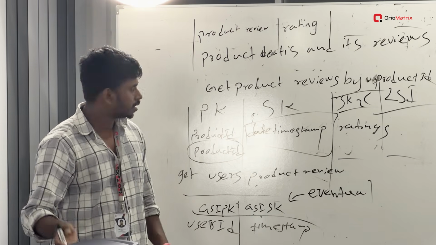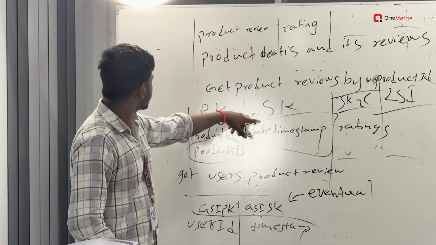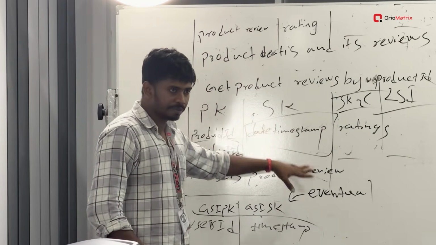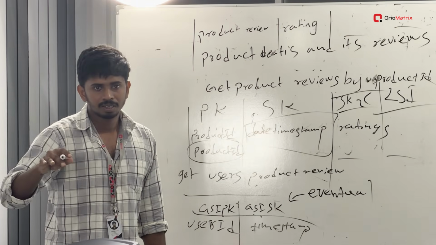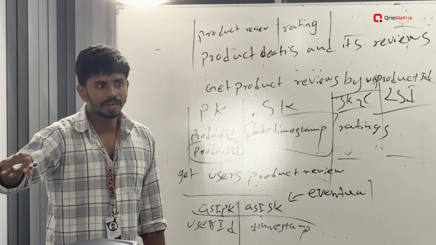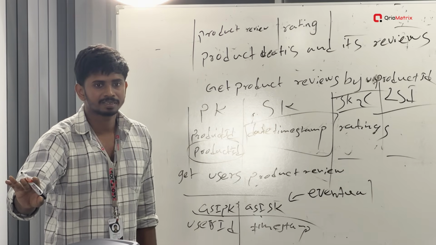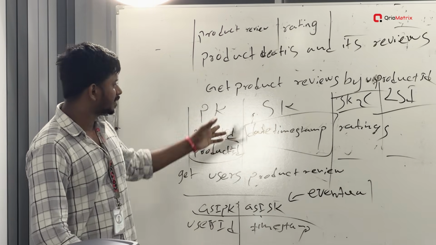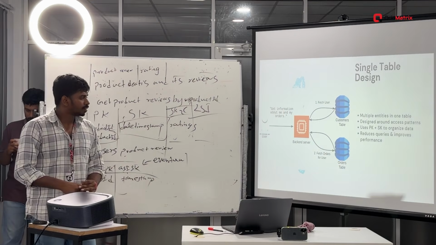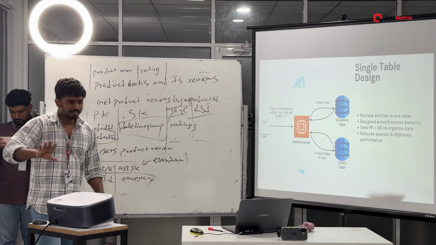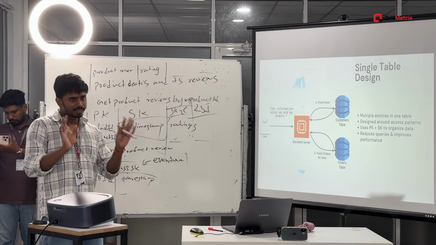It will give you this product review and also the product data. You can get both in one single request. So in a database we can store all the entities in a single table.